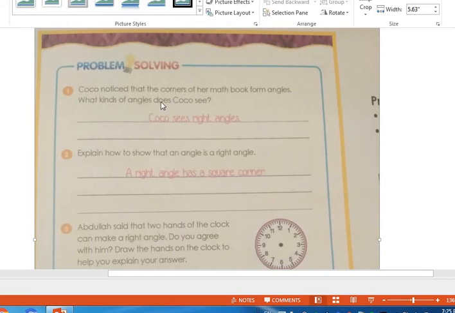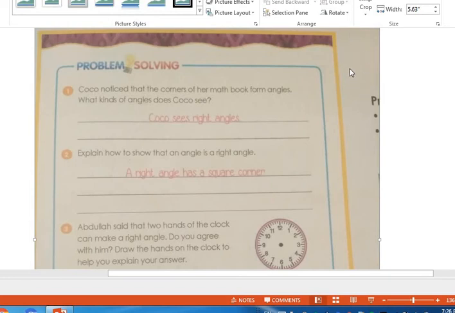So the angles will be of what kind? Right angles. Here in this page, in the presentation, this corner is a right angle, and this corner is a right angle.